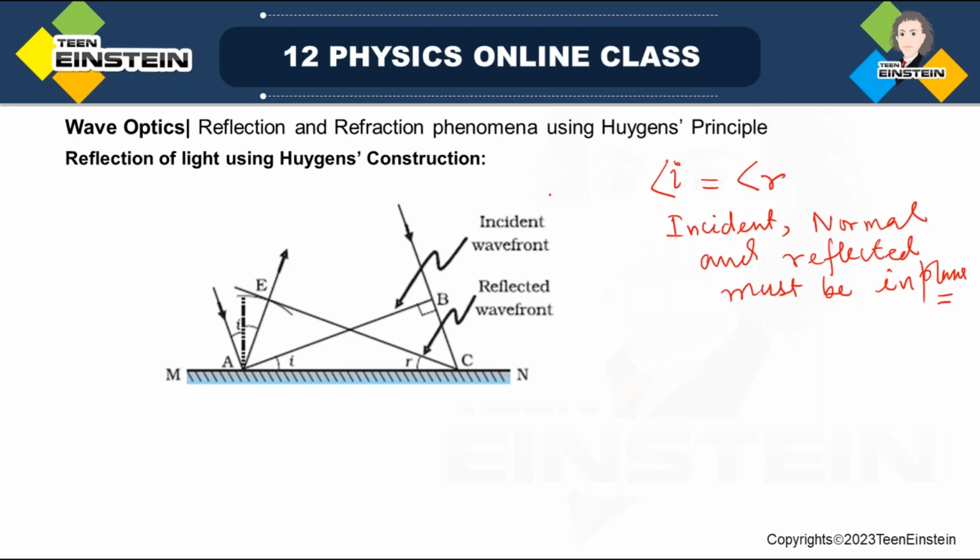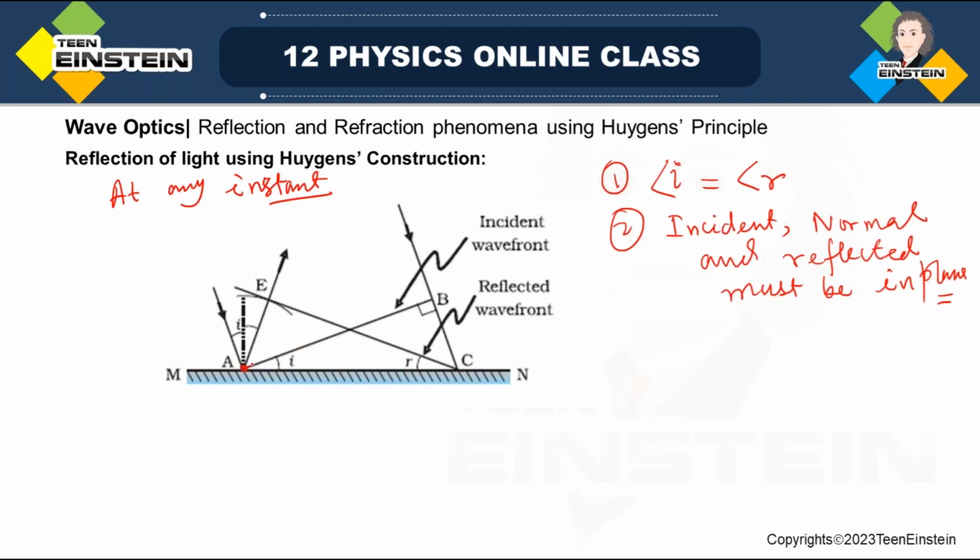So these are 2 points we have to show from this Huygens construction. So look, I'm taking at any instant of time, there is an incident wavefront, that is AB.